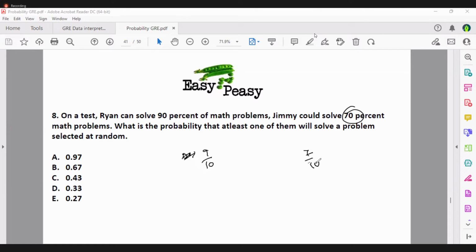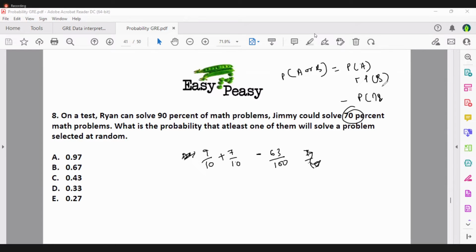You add 9 by 10 plus 7 by 10, and you subtract 63 by 100, because when they are not mutually exclusive, the probability of A or B becomes probability of A alone plus probability of B alone minus probability of A and B together.